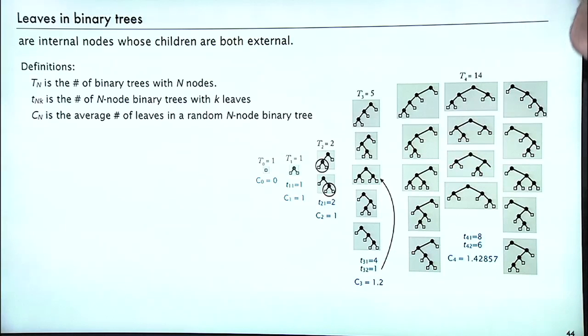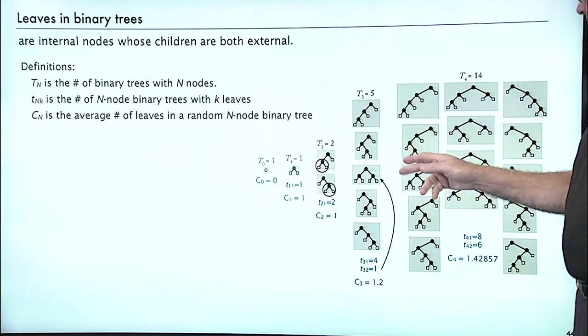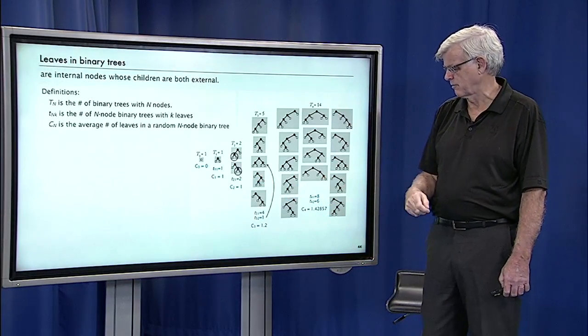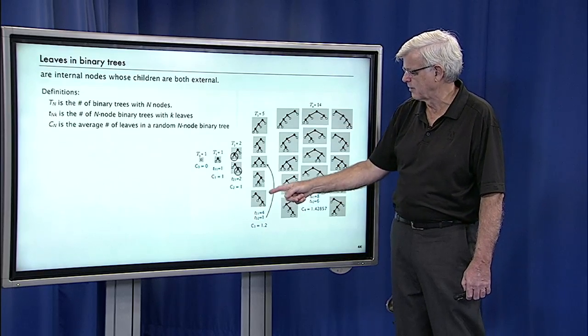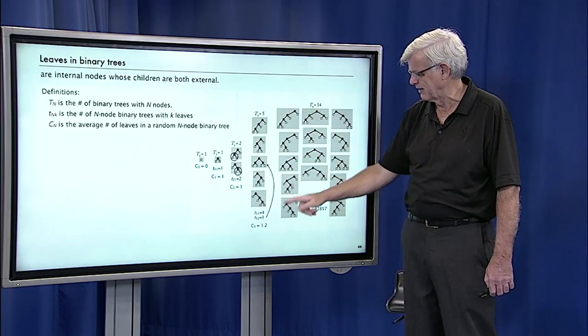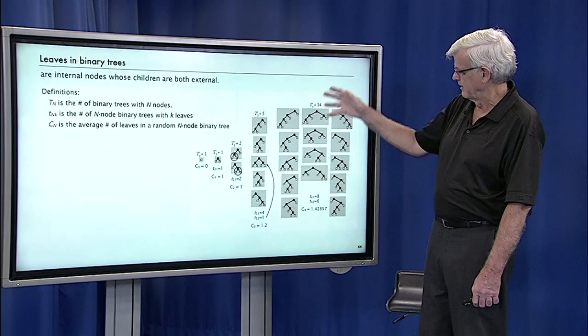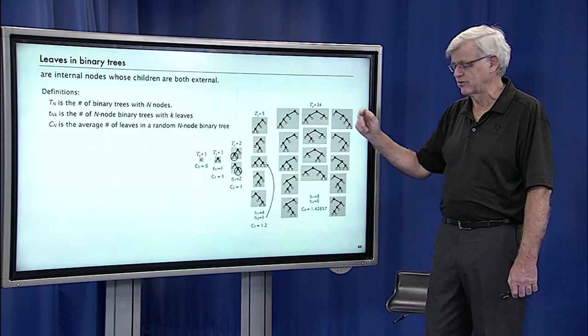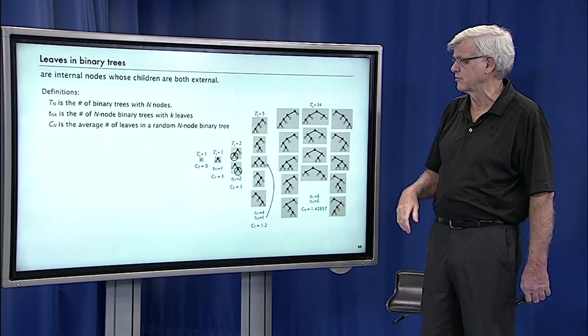So the average number of leaves in a binary tree with 3 nodes is 4 plus 2 times 1, divided by 5, or 1.2. And similarly for 4, you find that 8 of them have one leaf and 6 of them have 2 leaves, and that gives the solution.